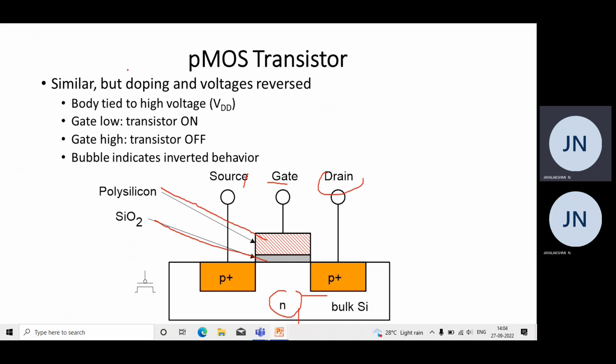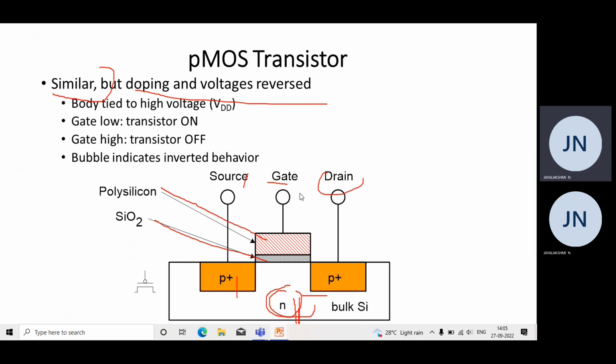The operation of the PMOS transistor is similar, but doping and voltages are reversed. Here we have P plus source and drain regions, but the body is of N type. Usually in the NMOS transistor the body is tied to ground, but in the PMOS transistor the body is tied to VDD.